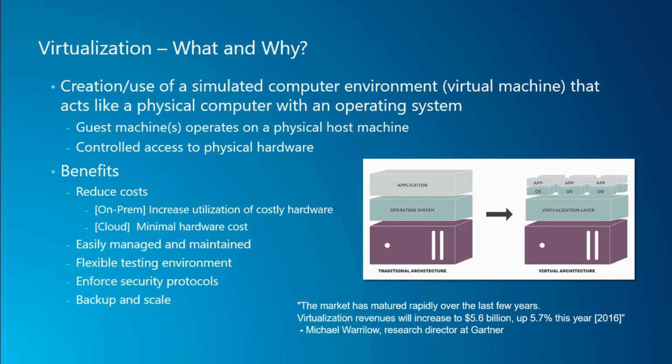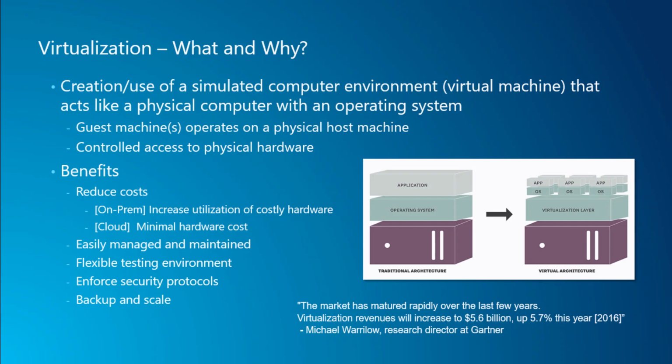Also, there are two other benefits: backup and scale. Oftentimes, it's easier to back up these systems. You can store, manage and maintain them a lot more easily. You can scale out if you need a surge workflow, where maybe in disaster recovery you need to spin up a number of machines to handle a specific situation. Virtualization architectures are designed to handle that.